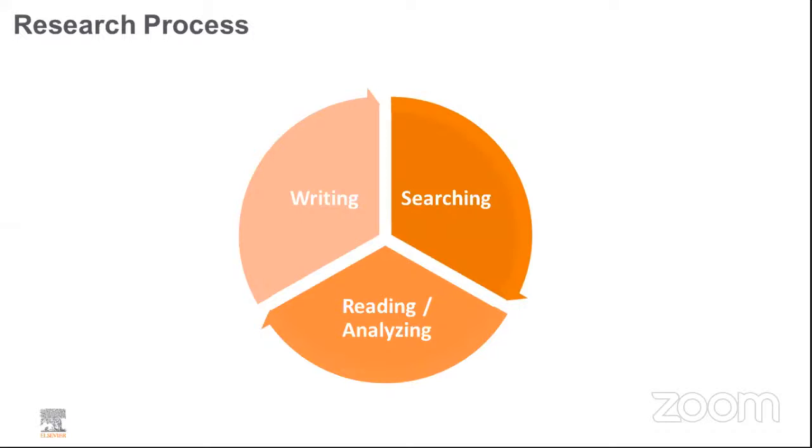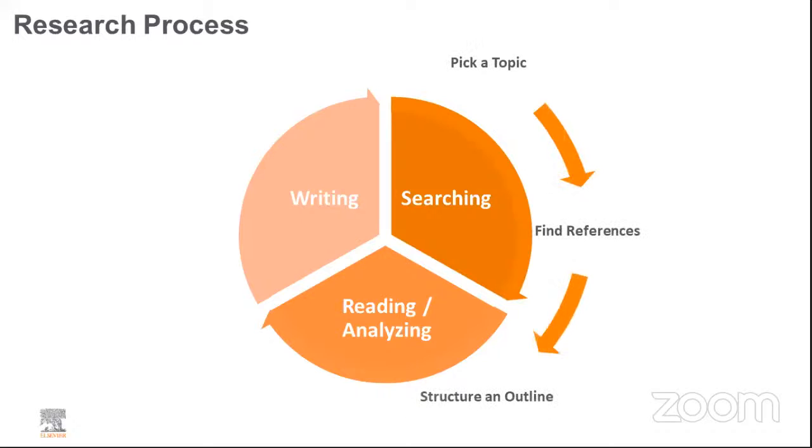So as a student, if I decided to do research in any field or any topic, or if I'm having an assignment or a paper to write, what should I do? I'll start with 3 different steps: searching, then reading and analyzing, then writing. In each step, I'll have to do sub-steps. For example, in searching, I have to search to discover a topic, or to choose a topic from the beginning.